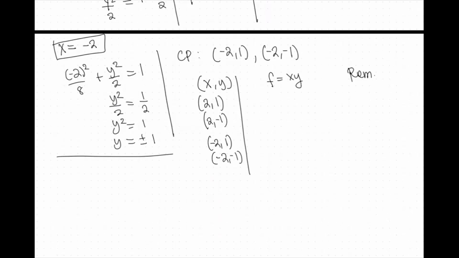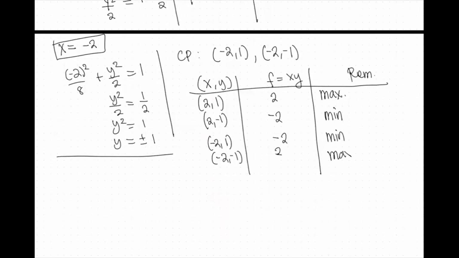So here the function values are 2, -2, -2, and then +2. So the remark here is the maximum because this is the greatest. This is the minimum value. And then this is the maximum value.